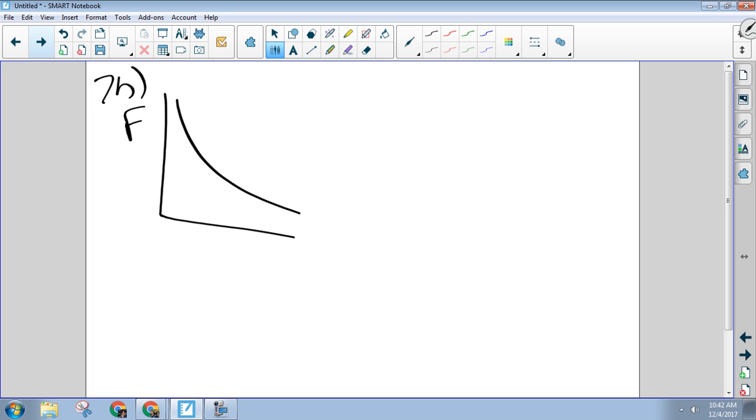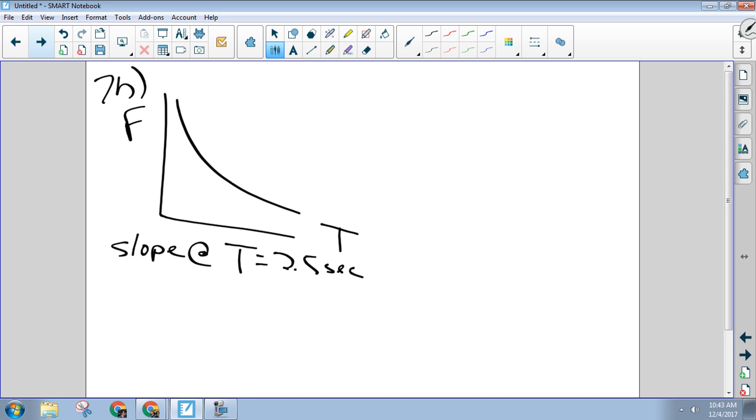Here's the force required to maintain period t. So again, we're trying to find the slope of the function when the period is 2.5 seconds. So it's the same process with one extra step.